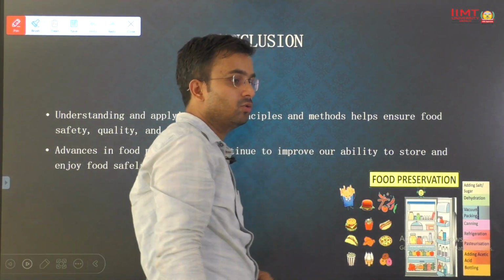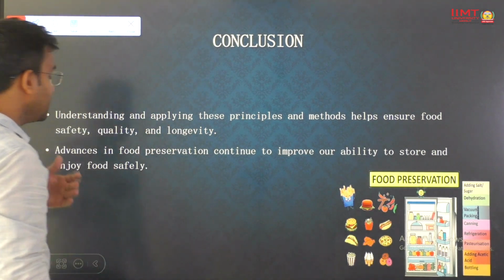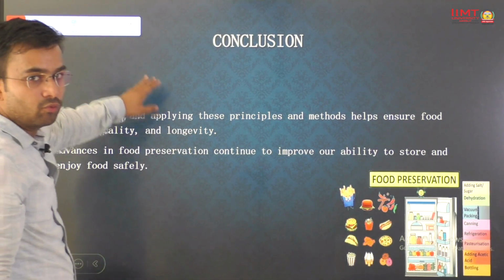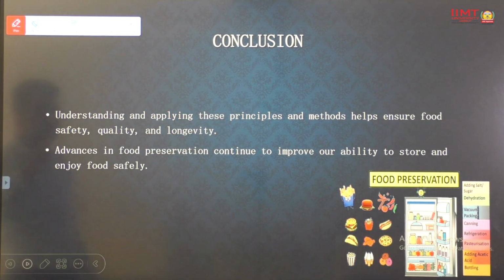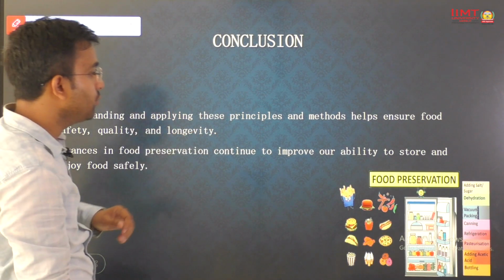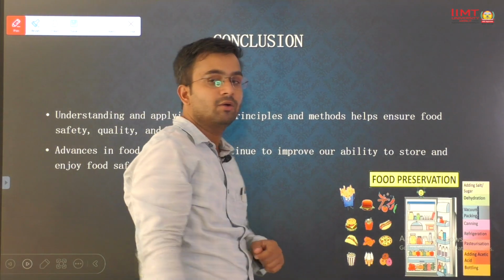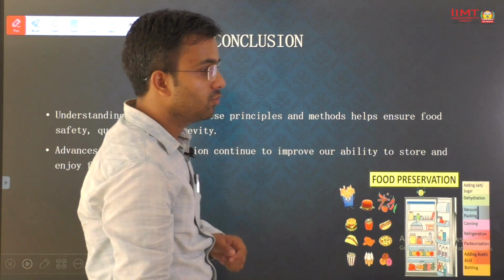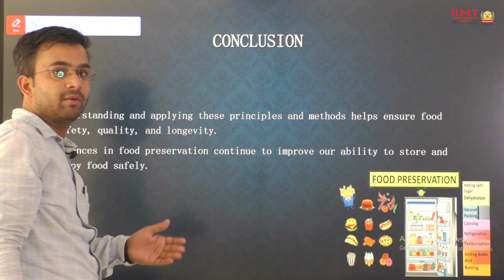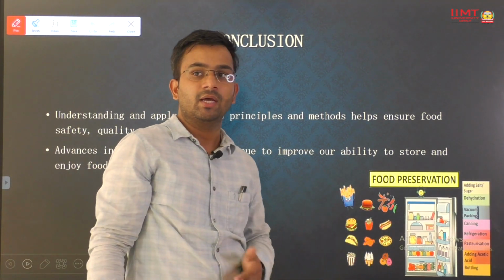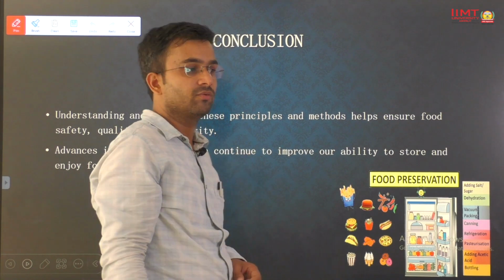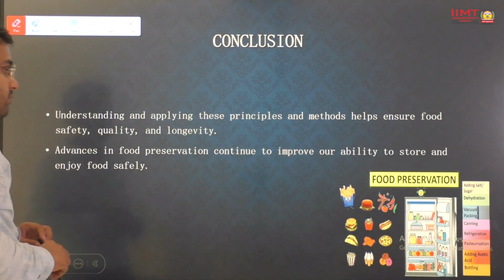So we understand these things in food spoilage and food preservation methods. In advance, food preservation continues to improve the ability to store food products and food safety. Nowadays we are more aware of food safety and hygiene, and of what food is good for us and what is not.